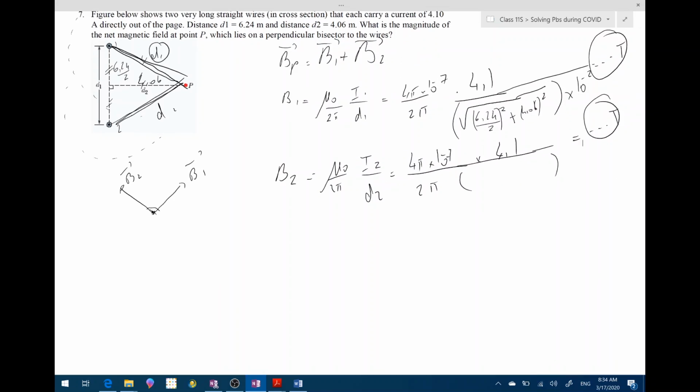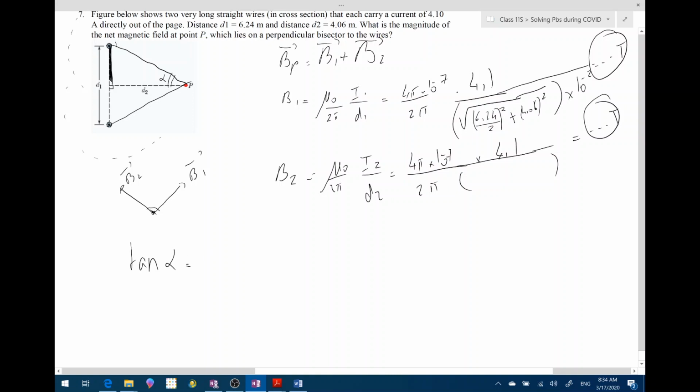Okay, so go back here. All you have to do is figure just one angle. Okay, this angle, for example, let's call this angle alpha. So tan alpha, simple trigonometry, is opposite, which is this part, D1 over 2, which is 6.24 over 2, over adjacent, which is D2, 4.06.